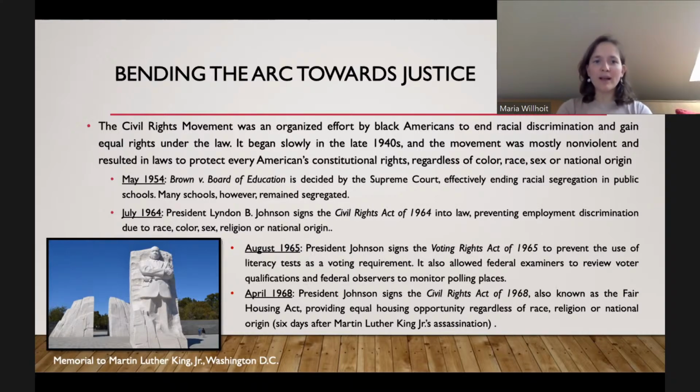And the civil rights movement refers to a general period beginning in the 1940s through the 1960s, actually, where you have Black Americans trying to end racial discrimination, and they're trying to really gain equal rights under the law. No more separate but equal, no more second class citizens.